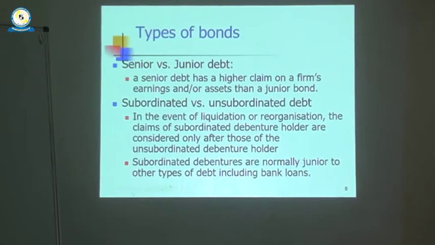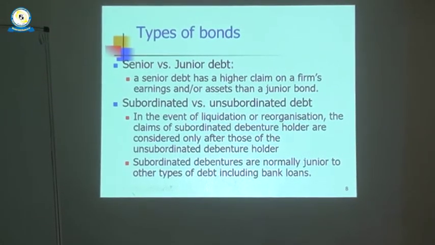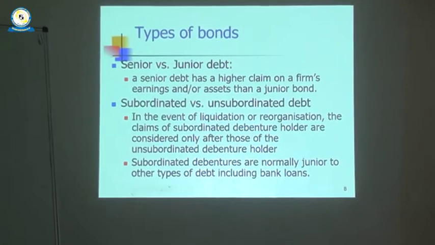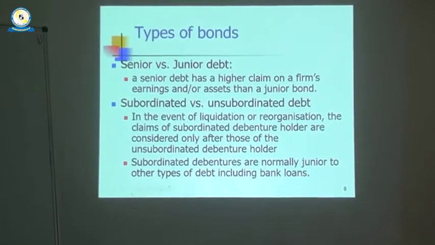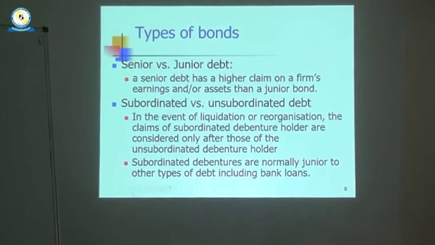The second type of the bond is senior against junior bond. In this regard, the senior bond is the one with higher claim on the firm's earnings and assets than the junior bond. That is another type of the bond. We have also subordinate bond, which goes against unsubordinated bond.